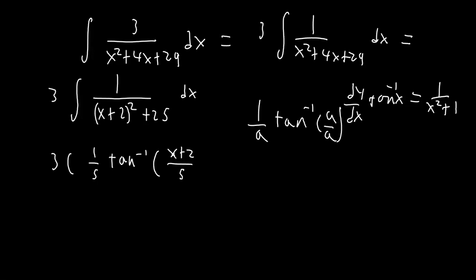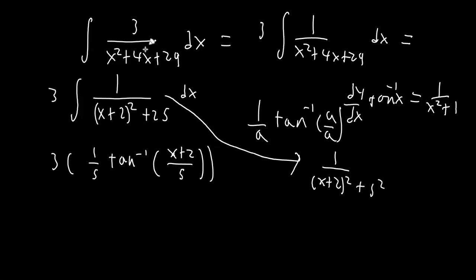Why is it 5 I'm putting here? Because we can rewrite this expression as 1 over x plus 2 squared plus 5 squared. The a value, as in this formula, is basically the square root of the constant added to the squared term.